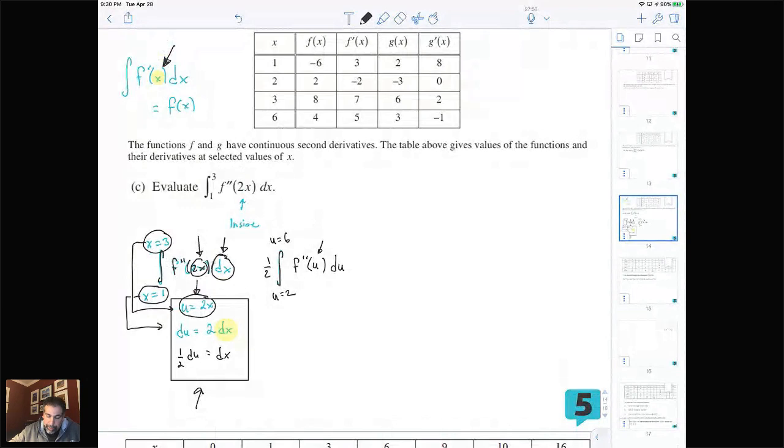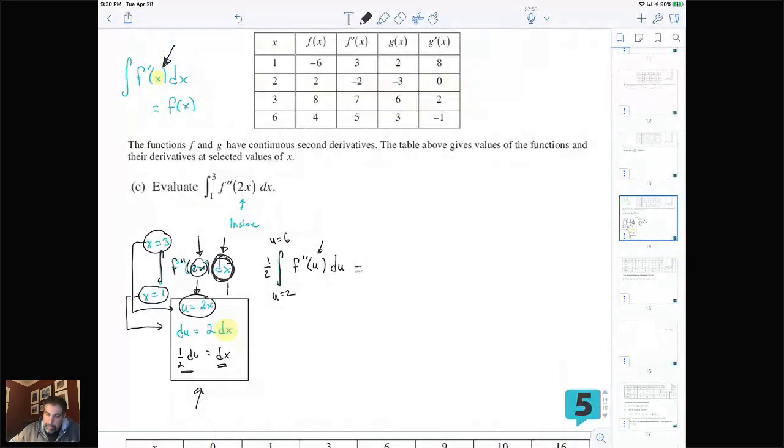Now the only thing left to bring over was that dx. So when I went down to the box, dx ended up equaling 1/2 du. And the reason the 1/2 goes out in the front is because in an integral, constant factors can be written in the front. You don't have to leave them on the inside. It's a way to organize it so you're not cluttering the inside with constants. You saw me do that with the 5 on the last example.